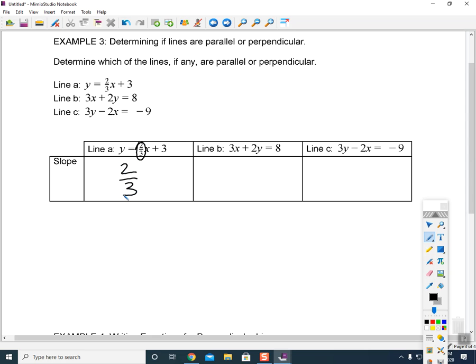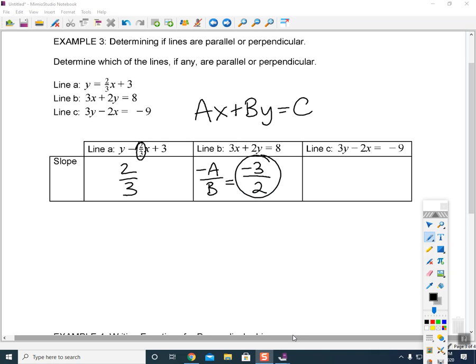These other two are both in standard form. So I'm going to remember my standard form is ax plus by equals c. So for line B, I need opposite a over b. Opposite a is going to be a -3 over b is 2. My slope for line B is -3 over 2.